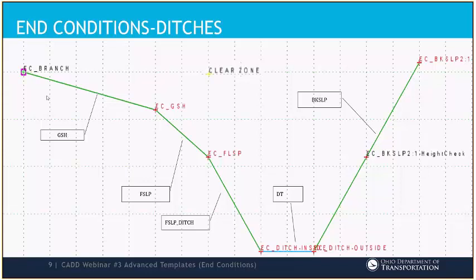Real quick, all these points have point names, but there's also the ability to set a feature name override. The best way to describe it is, if you had 2 different back slope conditions, maybe a 2-to-1 and then a 3-to-1, you can't repeat a point name in the same template, so they'd have to be named differently.